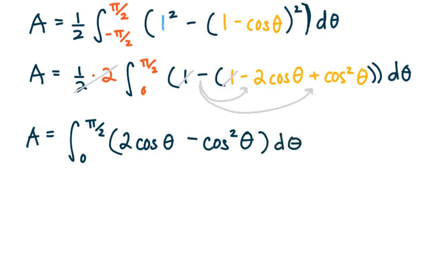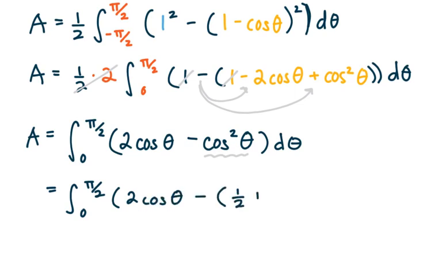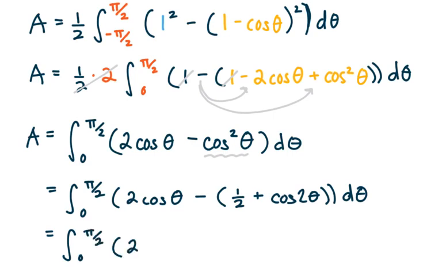So now this is pretty easy for us to integrate, but again, when we have cosine squared, we often use the double angle identity. So I'm going to put that in here. We have the integral from 0 to pi over 2 of 2 cosine theta minus 1/2 times 1 plus cosine 2 theta d theta, which is the integral from 0 to pi over 2 of 2 cosine theta minus 1/2 minus 1/2 cosine 2 theta d theta.